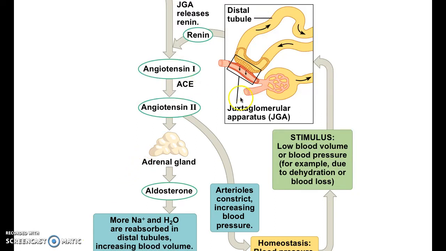Step one, basically, if there is a drop in blood pressure around the glomerulus, around the nephron area, which is a low blood pressure, the stimulus for this could be anything. It could be acute blood loss because you got shot. Please don't get shot. Or dehydration. You are hiking through the desert and there's an acute dehydration, so the blood volume has gone down. This also can happen because you have a cardiac condition.